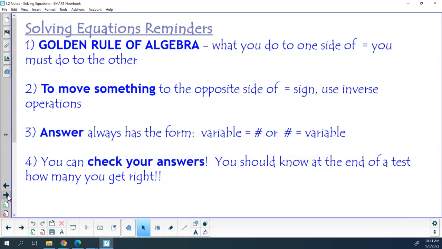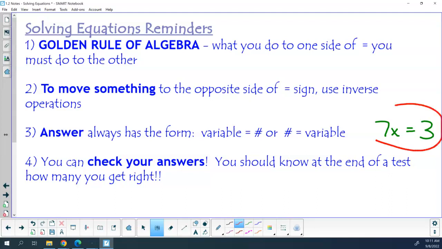Third reminder, your answer is always in the form variable equals number or number equals variable. Now, this does not mean that. That would be bad.